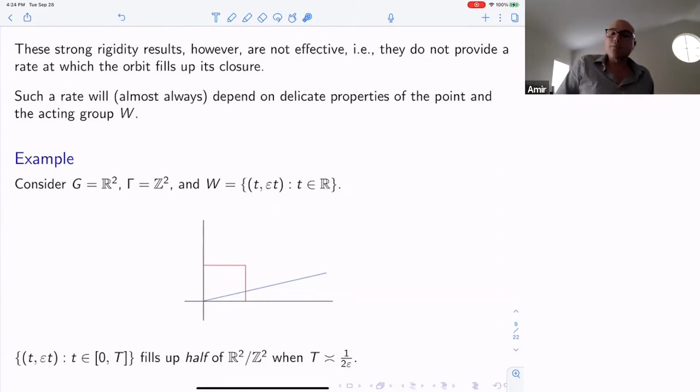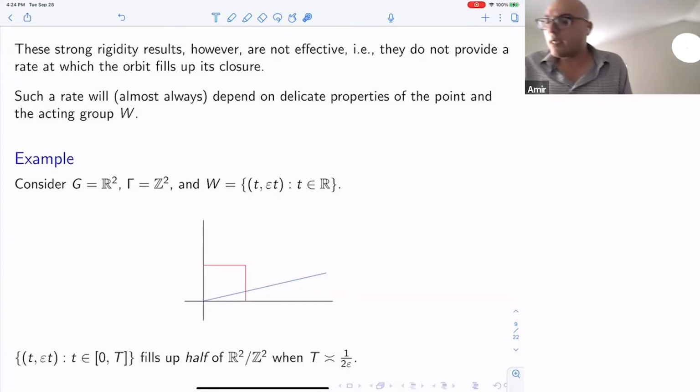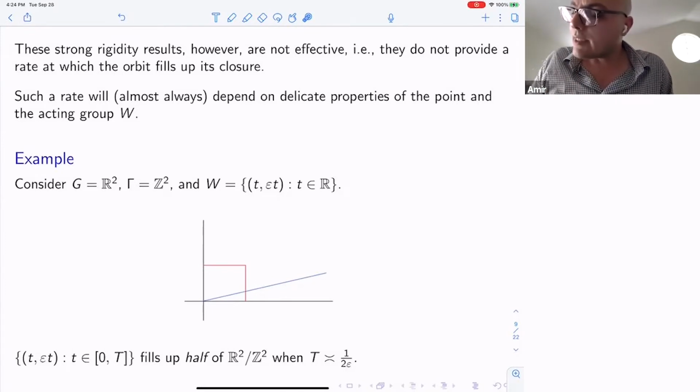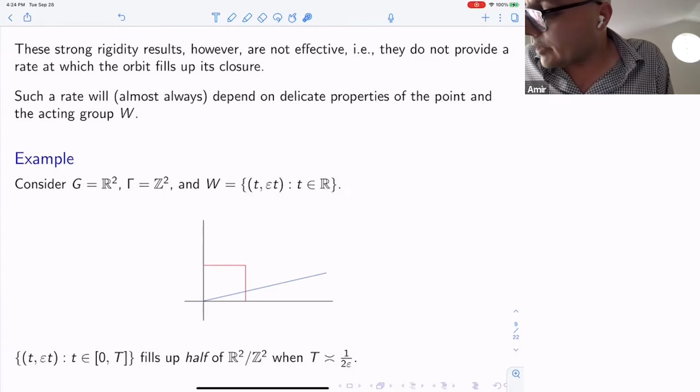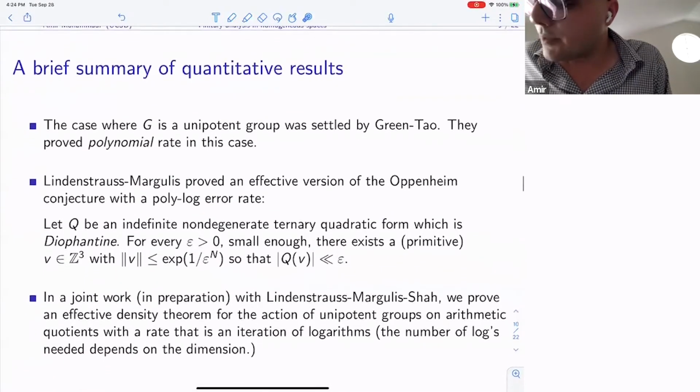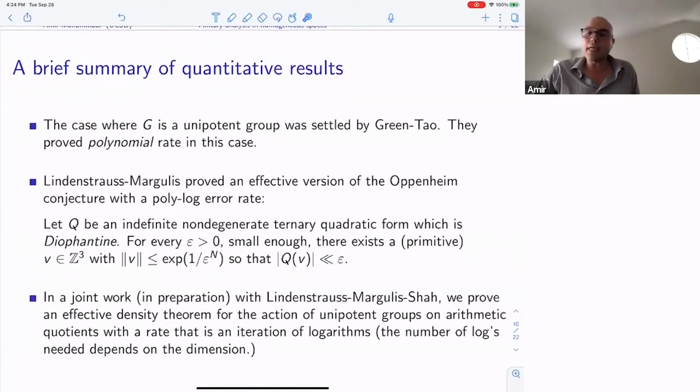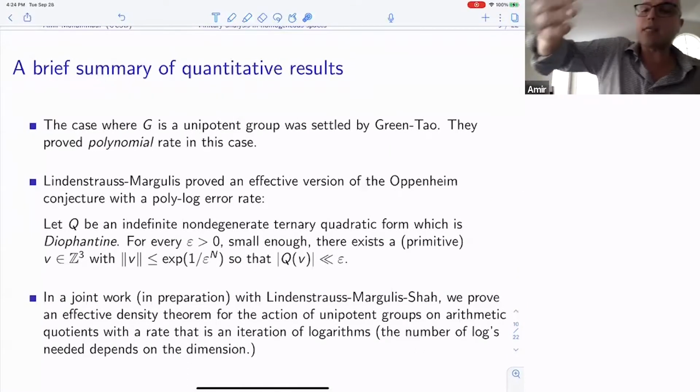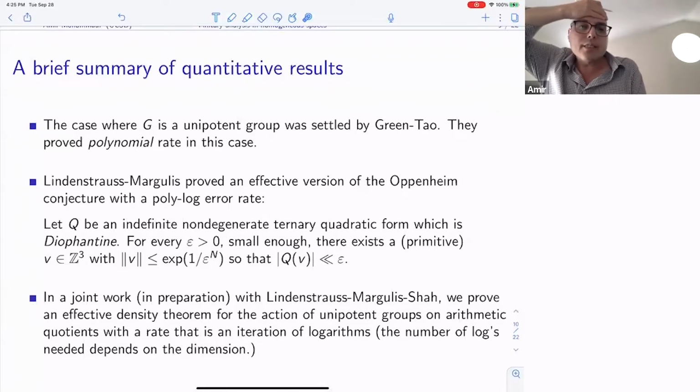So it is a delicate problem, and the works in this direction are less conclusive than the non-quantitative results that I mentioned. I want to give a brief history of what is known. The first case is the case where the group G, which I said was a Lie group, is itself a unipotent group. This was done by Green and Tao, and this work was actually already mentioned in the first talk in this conference.